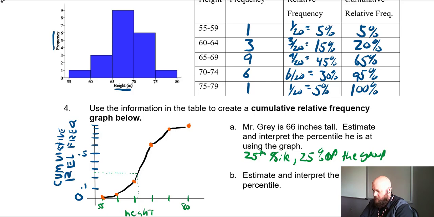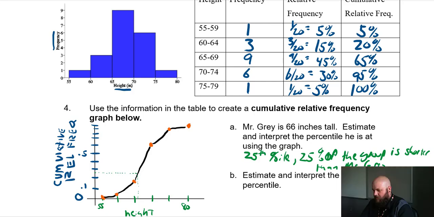So 20% of the group is shorter than Mr. Gray.